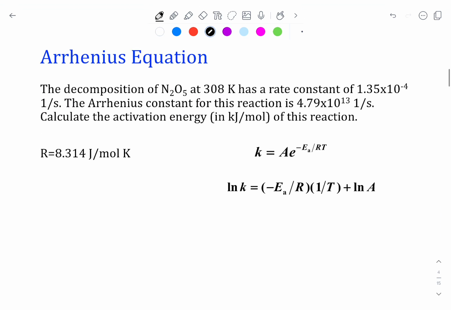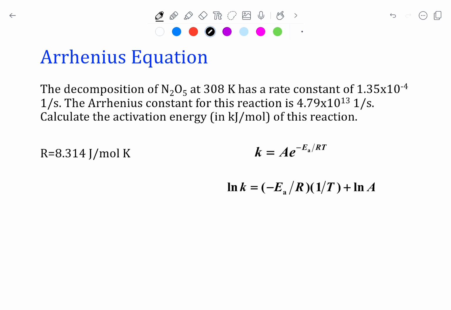So let's practice utilizing this equation. Just like with our integrated rate laws, the Arrhenius equation comes down to an equation where we know the variables and we solve for our unknown. We just have to double check that we have all of our units correct.